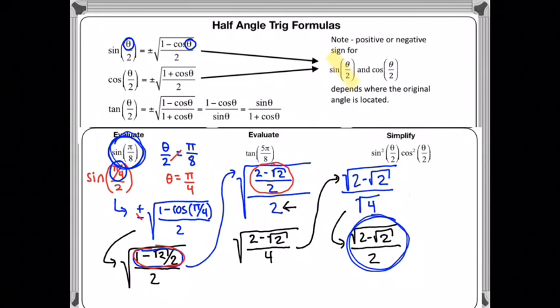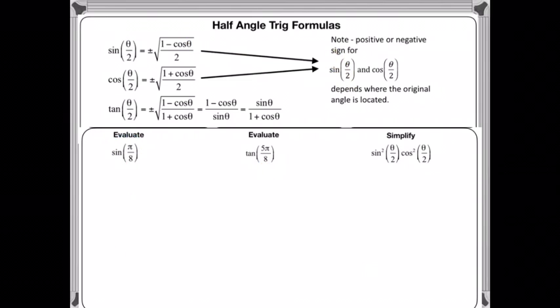Let's take a look at how we would tackle a tangent one. I like the tangent ones a lot more. They seem a little bit easier, and I'm going to recommend, if you can, that you use this form. It seems to be the easiest of the forms for students to grasp.